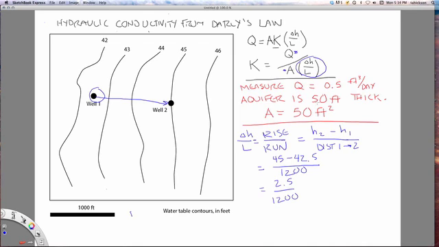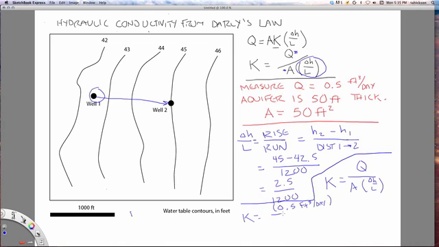Now it's just plug and chug into this equation, right? Now, if we make some space here, because I'm running out of room, we're going to plug and chug. K equals Q. So remember, Q over A times delta H over L. And that's going to be, in this case, Q is 0.5 cubic feet per day.